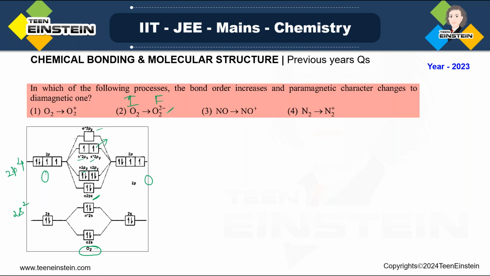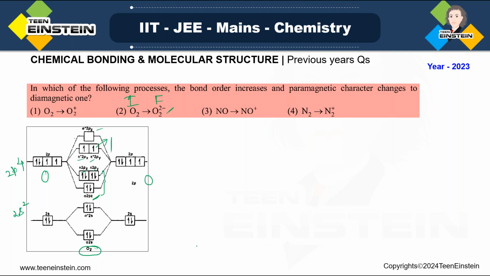What about O2 2 minus? That means 2 extra electrons are coming. Now when 2 extra electrons are coming, there will be some pairing. Now the paramagnetic character is changing to diamagnetic. So in this case, you have to check the bond order, because based on the paramagnetic character you cannot cancel the option. So for O2, the total number of bonding electrons is 6 and here it is 2. 6 minus 2 is 4.